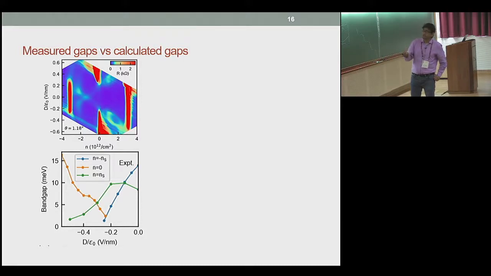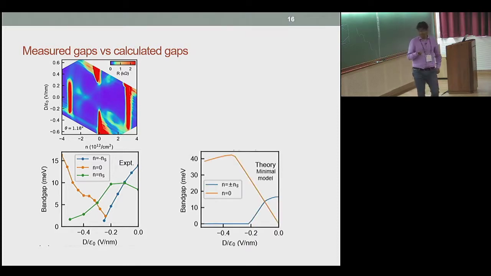From our measurements, it doesn't increase steadily from zero onwards. You have to go to some finite electric field to get it to open up. And you'll see these Moire gaps, blue and green for the electron side Moire gap and the hole side Moire gap, and they have similar behavior, but they're not the same. The Moire gaps are different in magnitude as well.